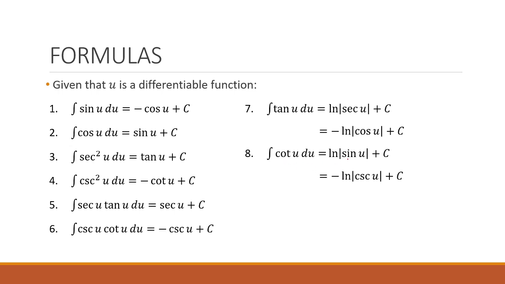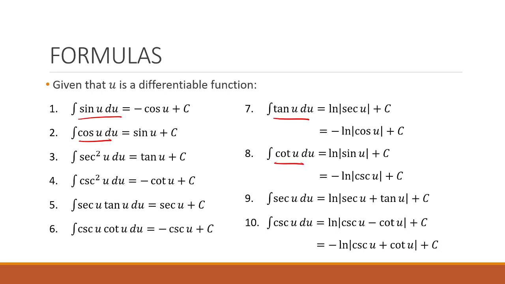Okay, and then the last two formulas, so we already have sine, cosine, tangent, and cotangent. The last two formulas are for secant and cosecant. Okay, so again, first 6 are direct result lang or obtained lang from differentiation rules.